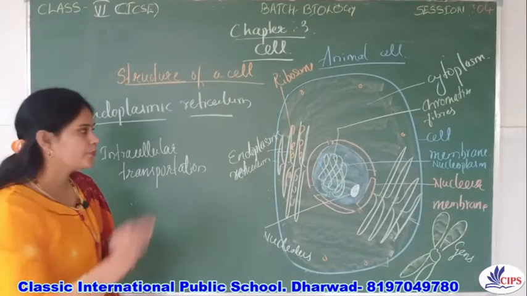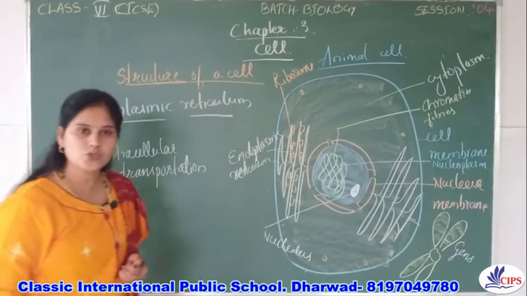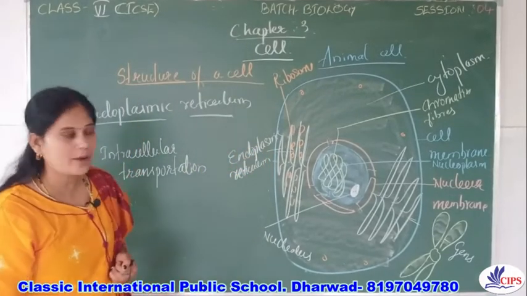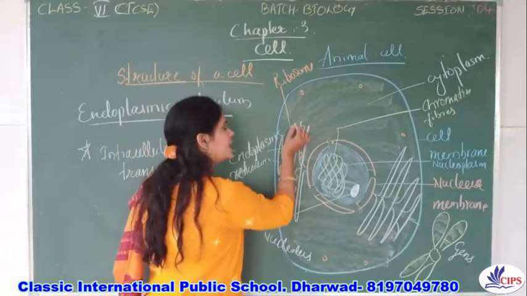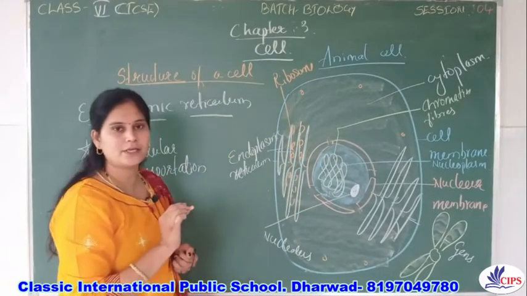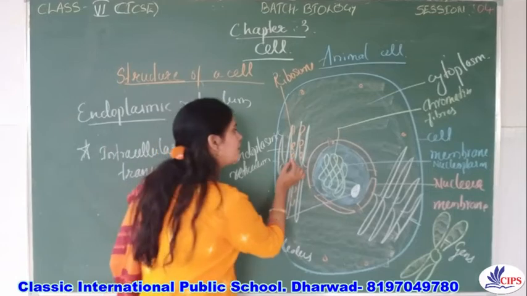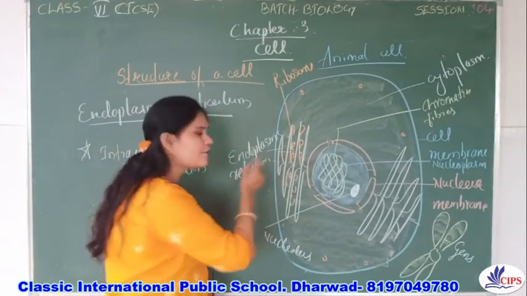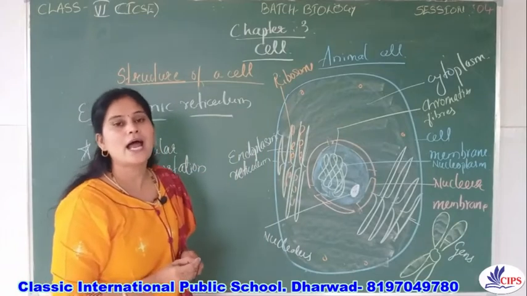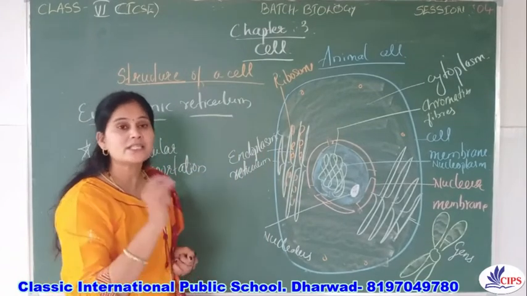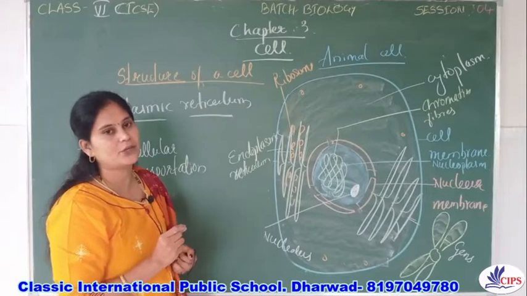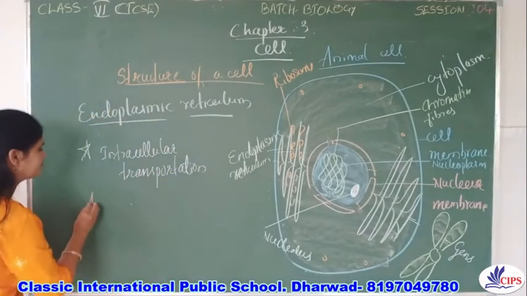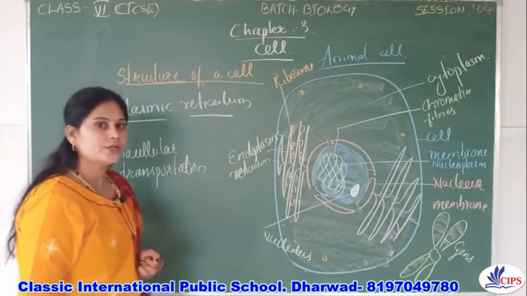So if the ribosomes are present on the endoplasmic reticulum, then see, the endoplasmic reticulum appears rough, right? It gives the rough appearance to the endoplasmic reticulum. Such type of endoplasmic reticulum is called as rough endoplasmic reticulum, right?